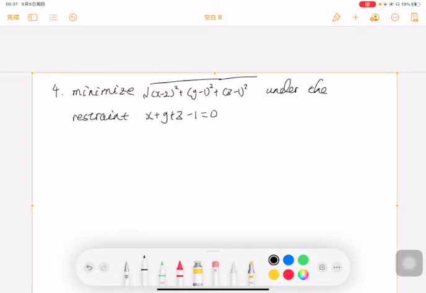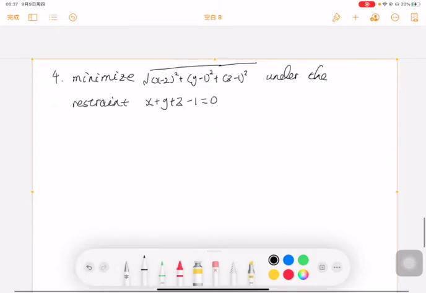Because immediately looking at the phrasing of this problem, it practically shouts Lagrange multipliers. So we want to use Lagrange multipliers, and for the Lagrange multiplier method, you have to write the restraint as some function g equals 0. That's why we move the constant to the left.